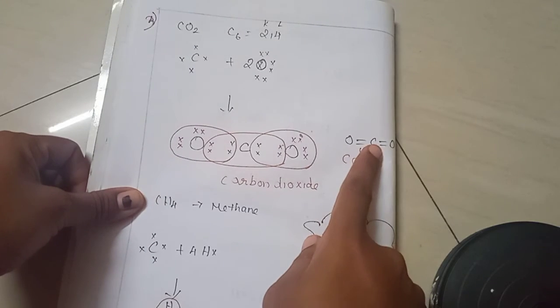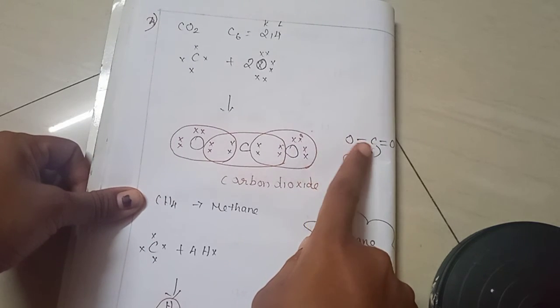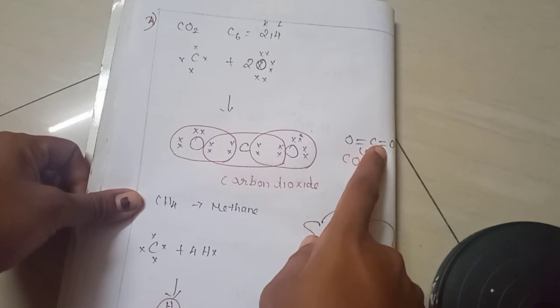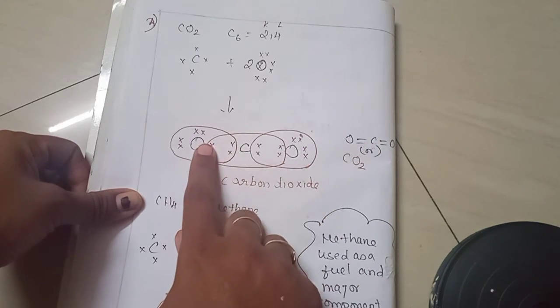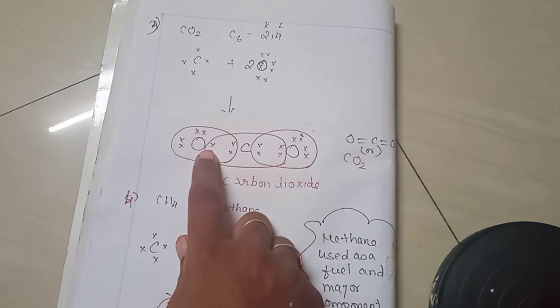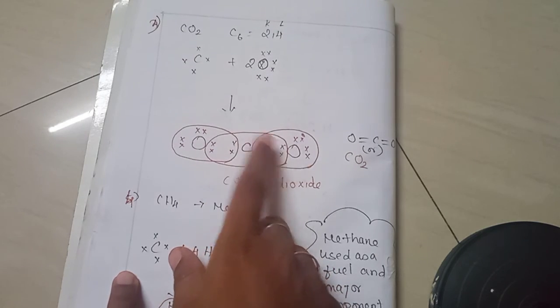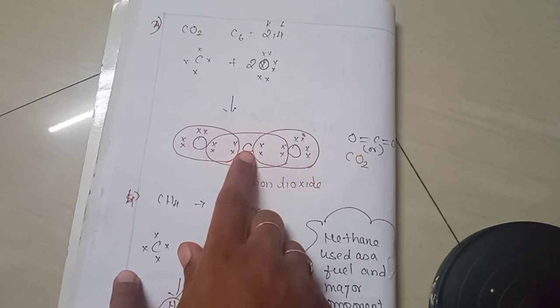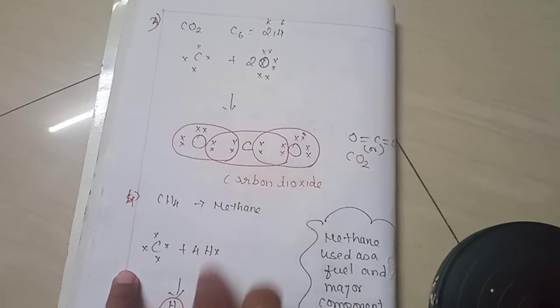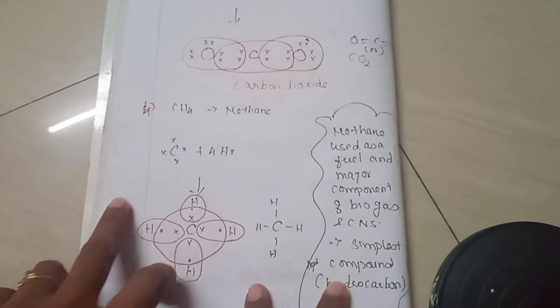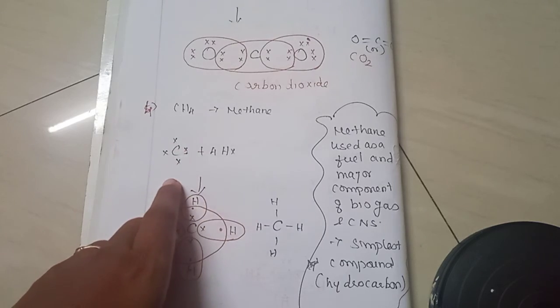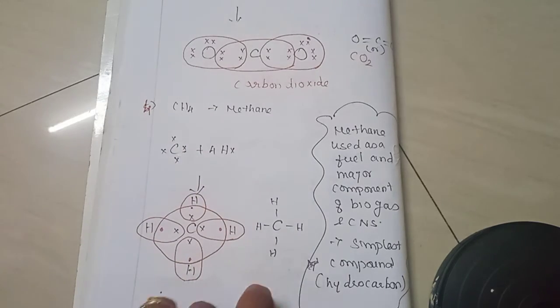Between carbon and oxygen, they always form 2 bonds. Why? The oxygen needs 2 valence electrons to become an octet, and the carbon needs 4 to become an octet. Then the methane, CH4.